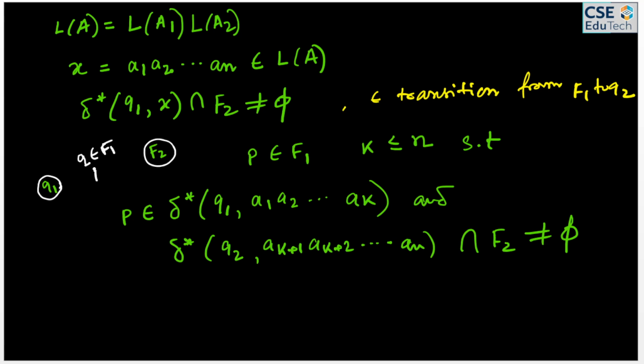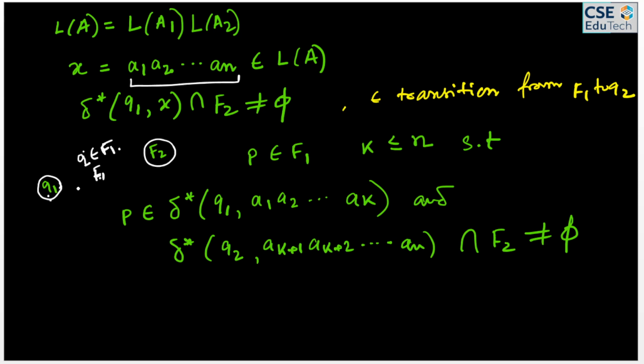That means from Q1 we reach F1, where F1 is a set of final states, and there is a number k less than or equal to the length of the string we have assumed.